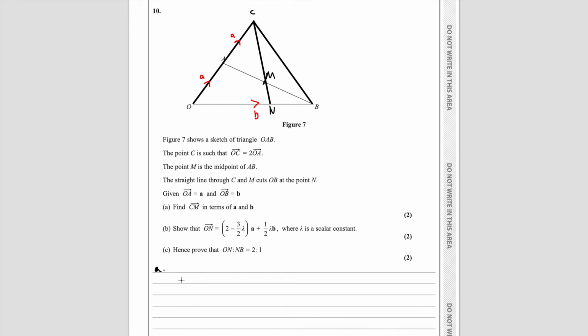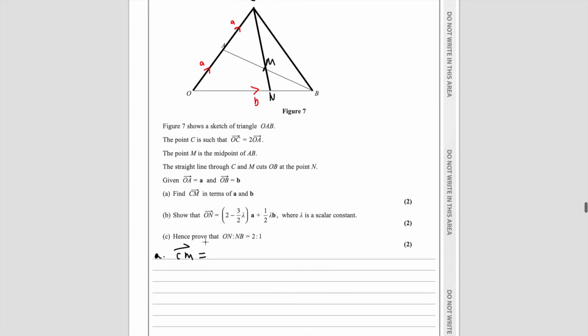CM, as a vector, is equal to CA, going from there to there, and then on top of that AM. So CA plus AM. And AM itself is half of AB.